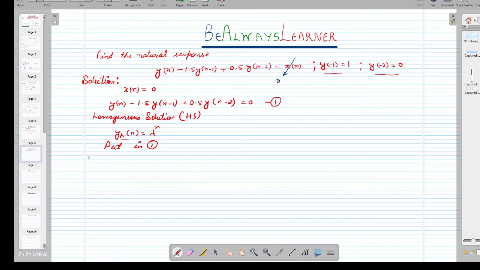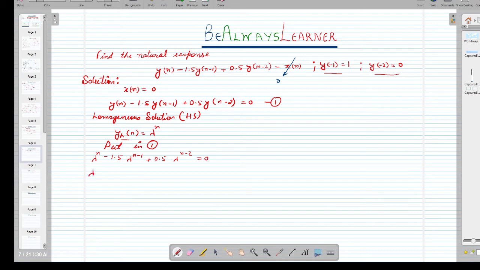So that will come out to be lambda n minus 1.5 lambda n minus 1 plus 0.5 lambda n minus 2, that is equal to 0.